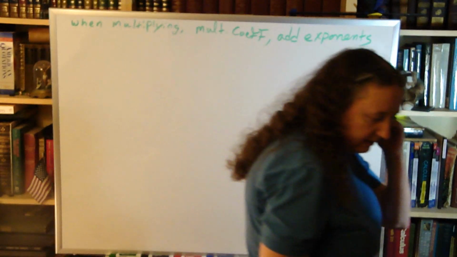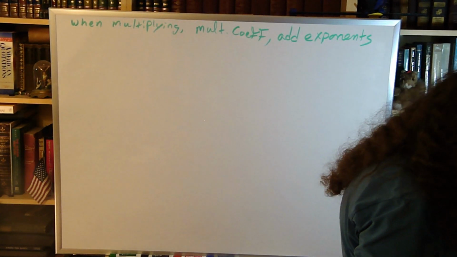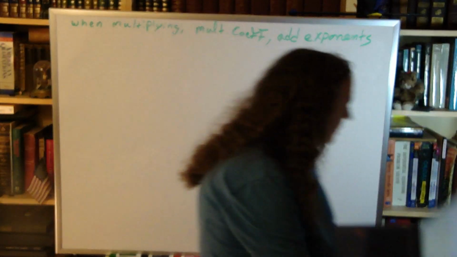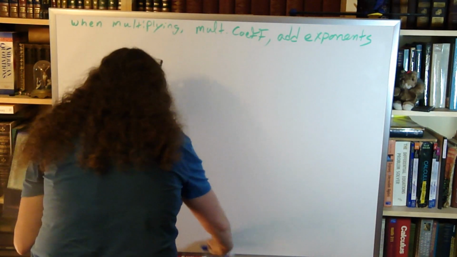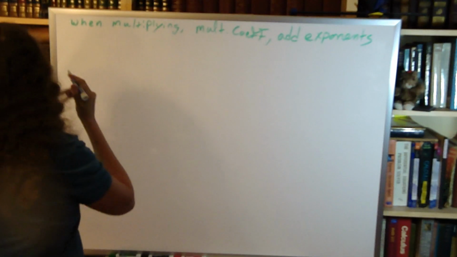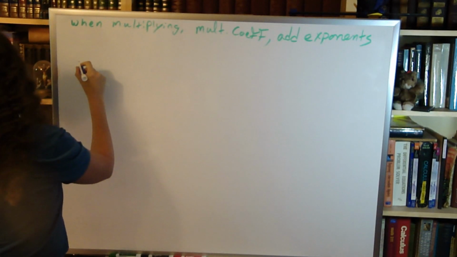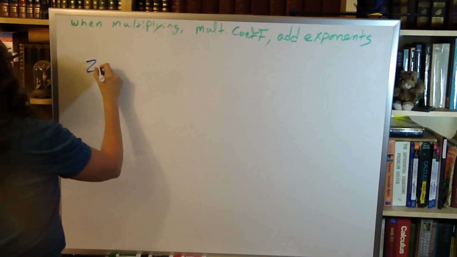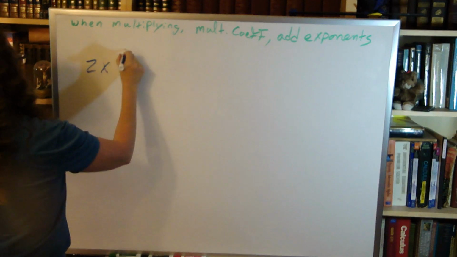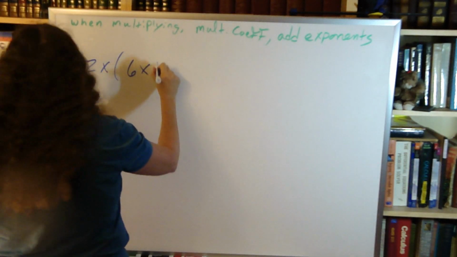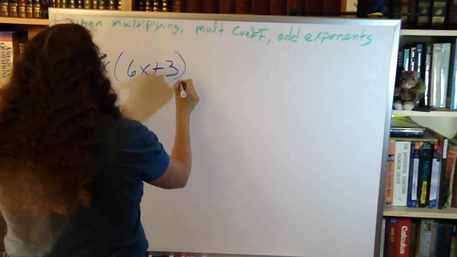Then I go to my next set of problems. I am going to copy a couple of these from the computer. We have a number, or a factor, outside of the parentheses being multiplied by a polynomial inside the parentheses.